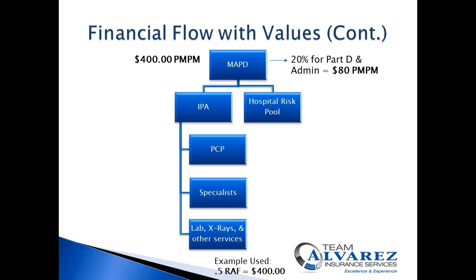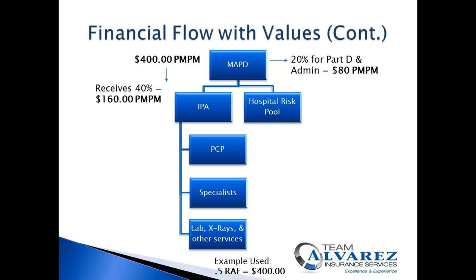You still have to take a deduction for the Part D by the health plan, and in this case, it's going to be less money to play with because it's shrinking down to only about $80 per member per month. But at the same time, for all you know, this member may be taking half a dozen medications that are all very expensive. So that $80 is not going to even cover one medication.